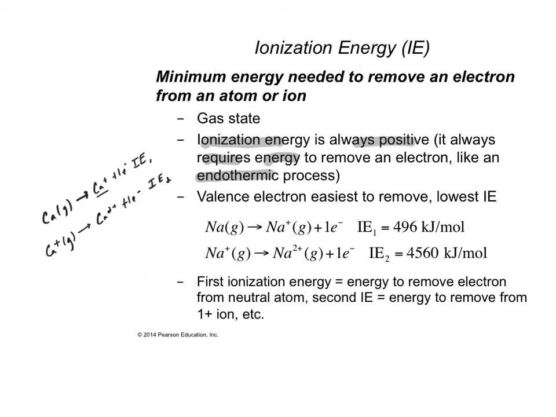So what we find is that the first electron, our first ionization energy, is always going to be the smallest. It's always going to be the easiest to remove, and then we're going to get larger and larger and larger in these successive ionization energies because it's always going to be harder and harder and harder to take an electron away. You can kind of imagine that in terms of charge buildup, right?